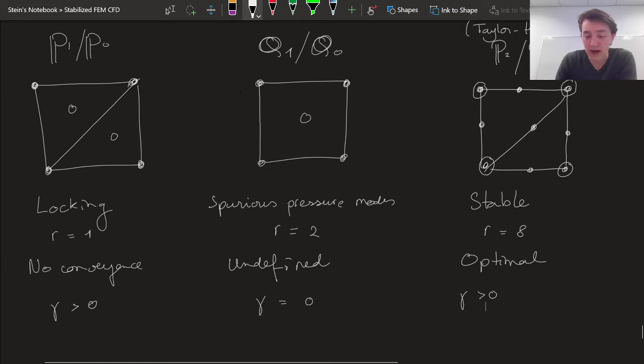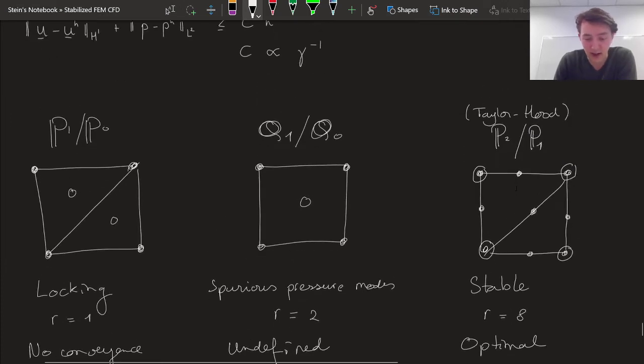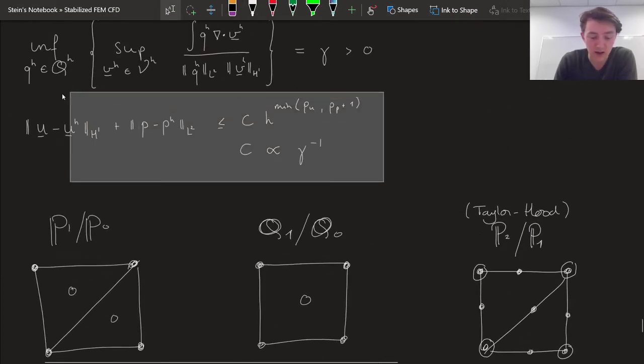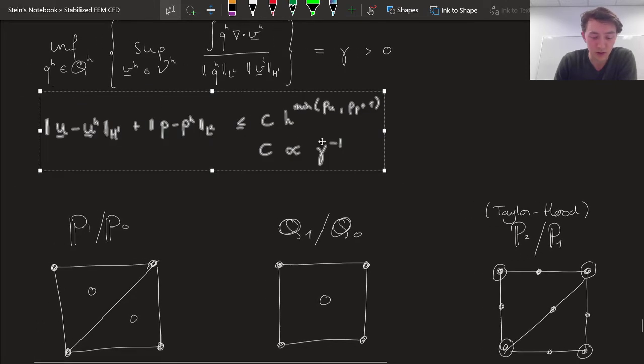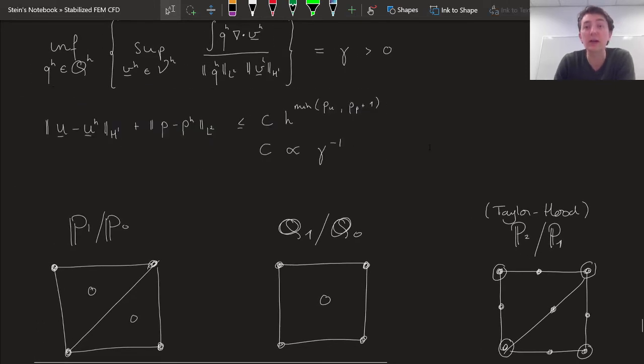But if we now compare the left and the right element, and we have a look at our convergence criteria here, then we can make another observation in regards to the gamma parameter. What this statement says is that the error is going to be smaller than or equal to c times h to the power of some exponent, right?